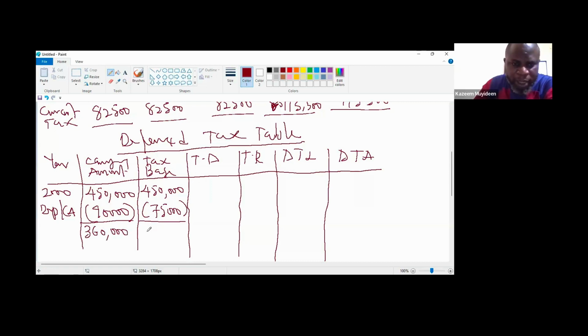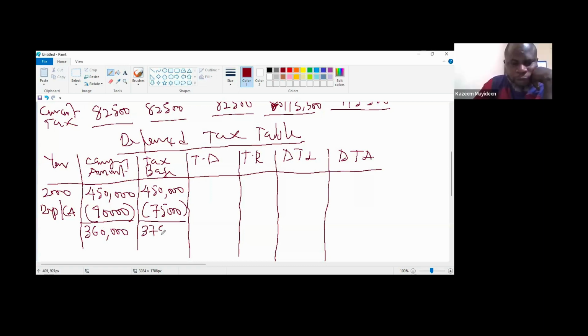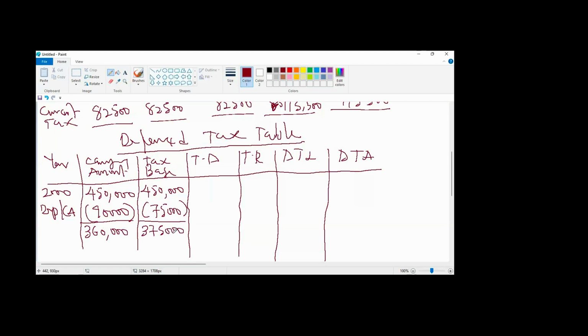The carrying amount is 450 minus 75,000, which is 375,000. Has it created a temporary difference? Yes, sir.